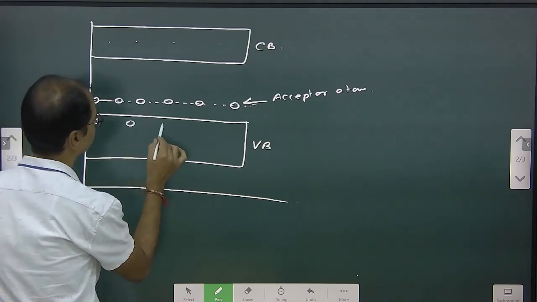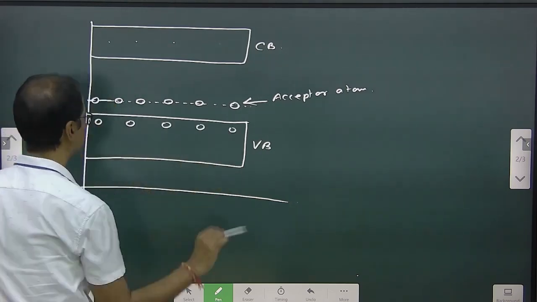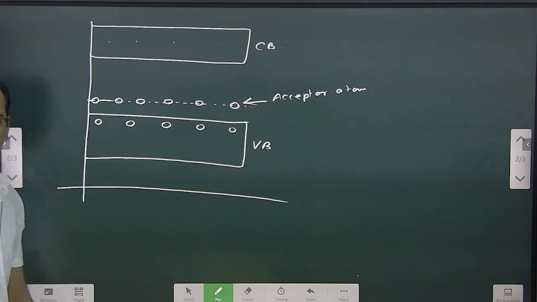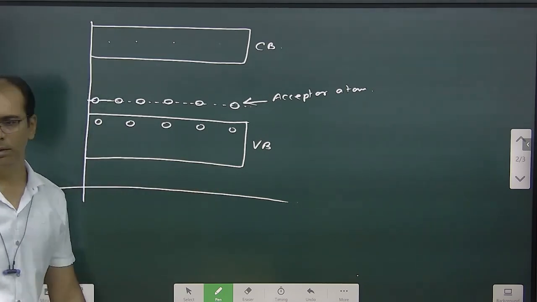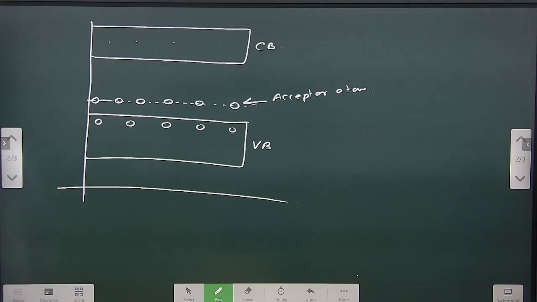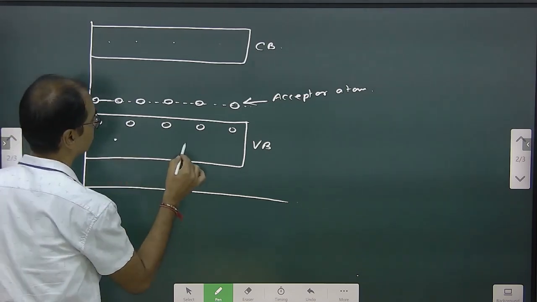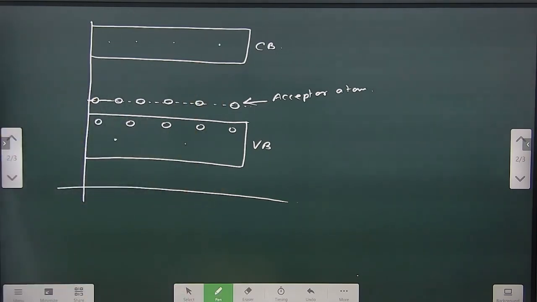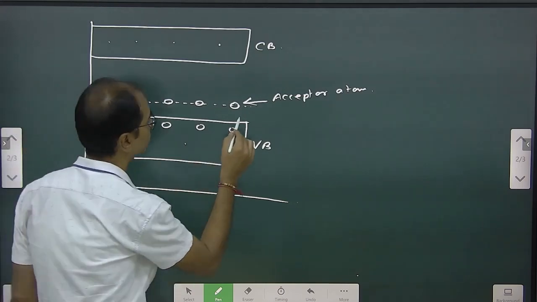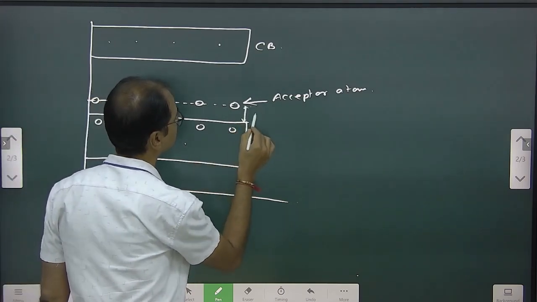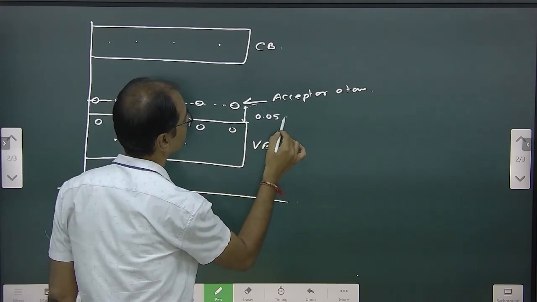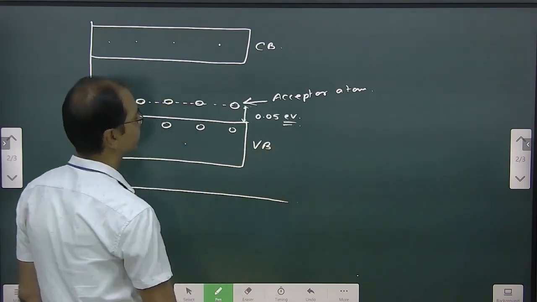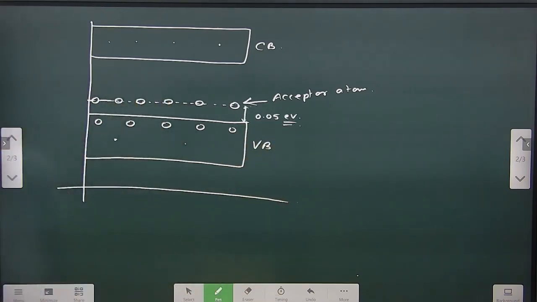Clear? In the valence band we show holes, and 1 or 2 electrons if you want, that also is fine. Conduction band electrons. And here the energy gap you can show around 0.05 eV. Right, note that one.